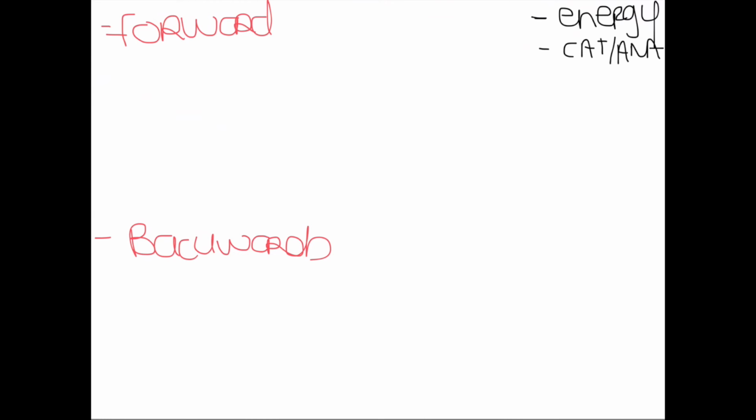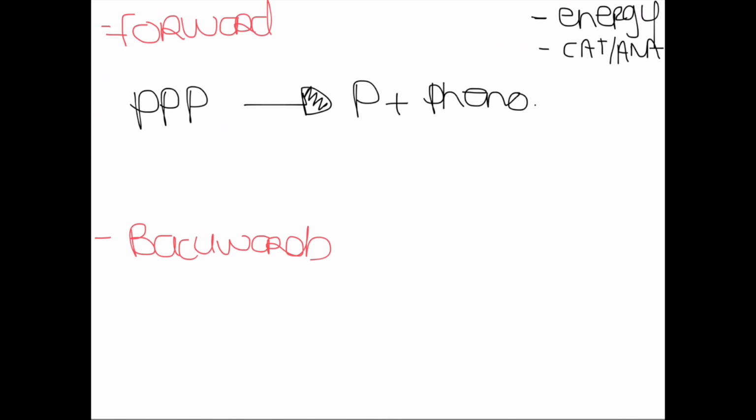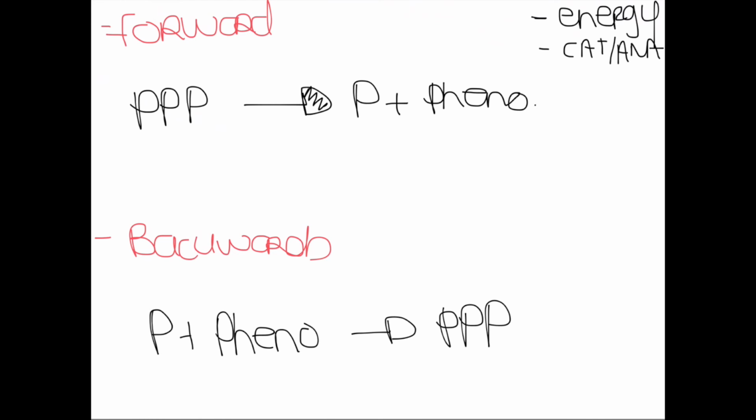Okay, so the forward direction would be what we've seen: PPP, and then we have our phosphate plus our phenylalanine. So that means that the backwards reaction would be your phosphate plus your phenylalanine, which reforms your PPP.